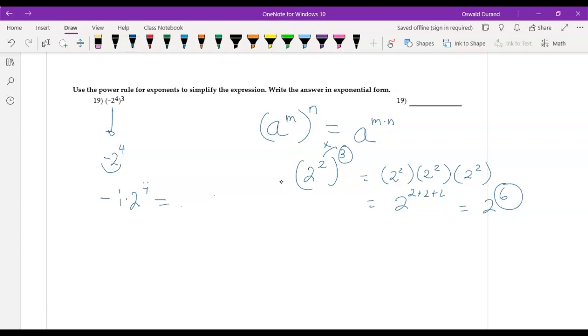But anyway, let's try to follow the power rule with this. Okay, so we have -2 to the power of 4 times 3, right? And that's going to give me -2 to the power of 12.